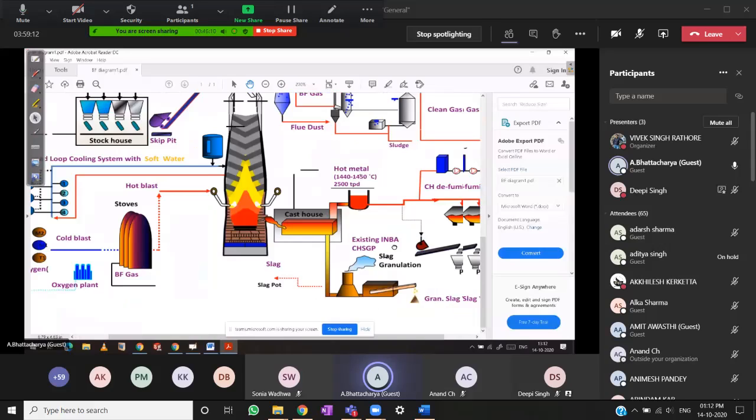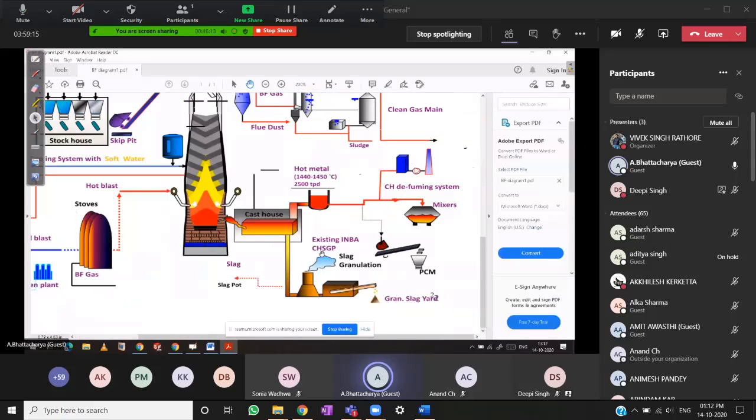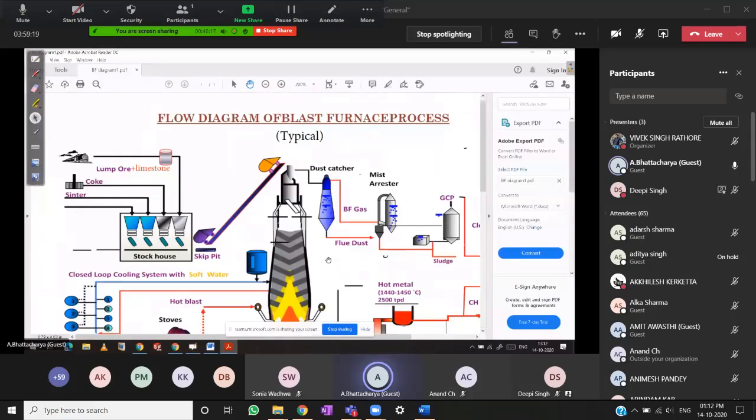Now, one byproduct which comes out is carbon monoxide. It has heating properties, meaning it can be used as fuel. Across the entire steel industry, this blast furnace gas, as it is called, is used in the other furnaces and the rolling mill, where the gas is burned to heat.